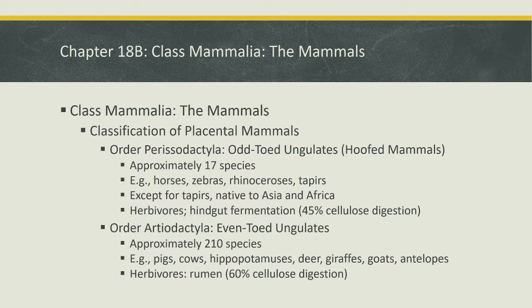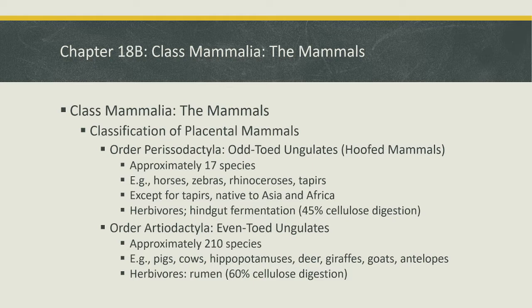And ungulates, generally speaking, are herbivores. But with the odd-toed versus even-toed, there's a slight difference in how they digest the cellulose. Cellulose is the main component of the plant cell wall, and our bodies cannot digest that. Most animals cannot digest that. Herbivores can, and it comes down to how they digest it in order to get nutrition from it.